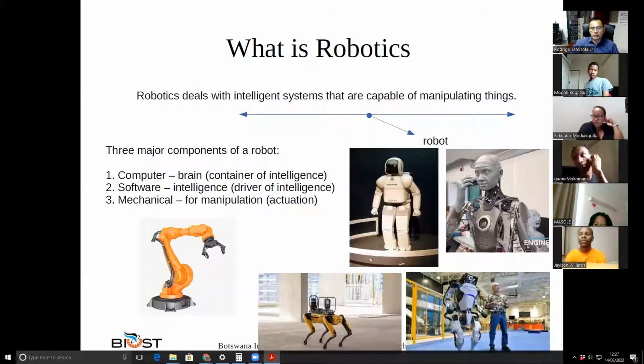Those are robots, but those are not robots in our sense. The robotics in our area requires a mechanical part. That mechanical part is responsible for manipulation or actuation. And then it has software and computer. These two components are the ones responsible for intelligence.